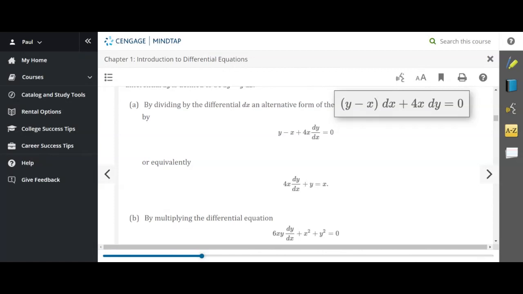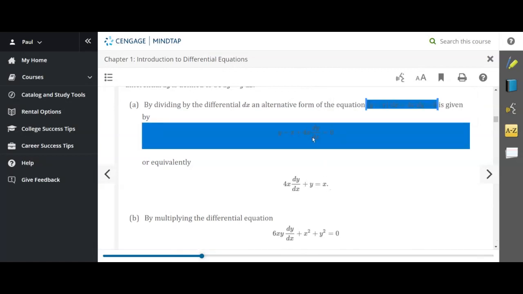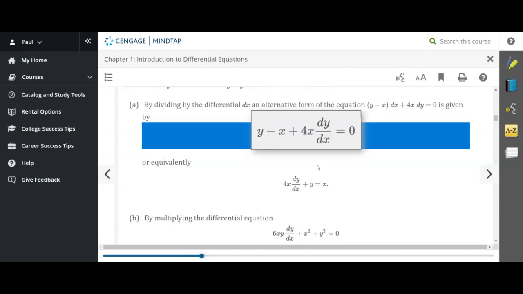And if you were to divide the entire differential form of the differential equation by dx and rearrange the terms a little bit, you would get this form of the differential equation. And sometimes one form is more convenient to use than another form. Okay, are there any questions on that? Are we okay with that?